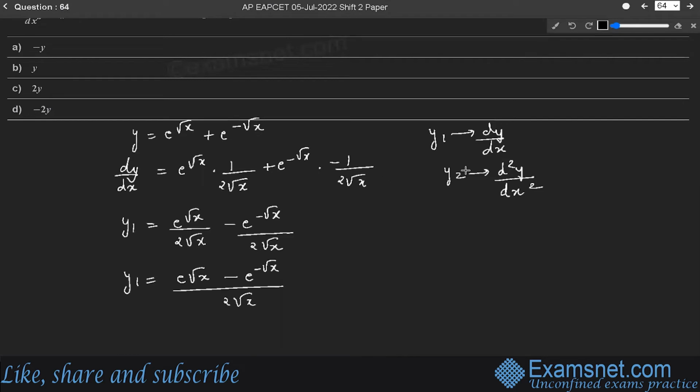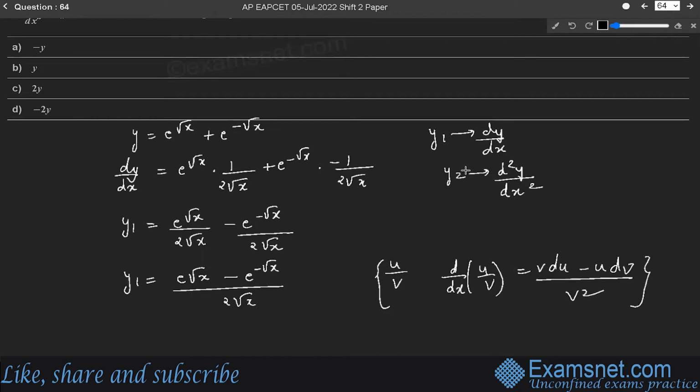Now it is in the division. We know that u upon v is a form of division, and if we have to find its differentiation, then d by dx of u upon v is always equals to v into differentiation of u minus u into differentiation of v upon v square.